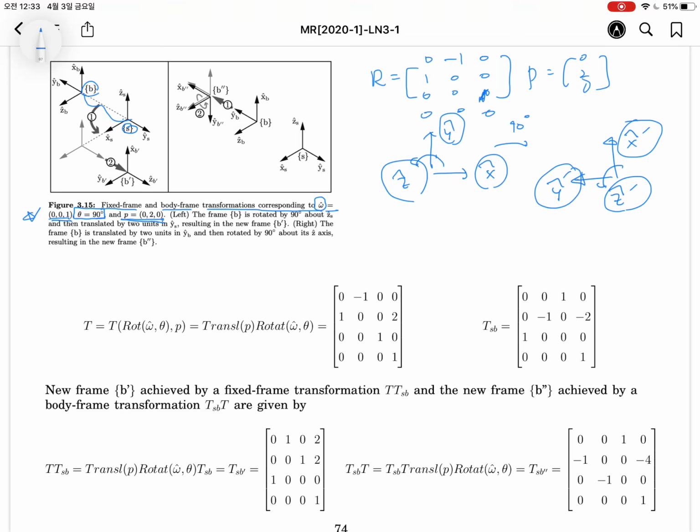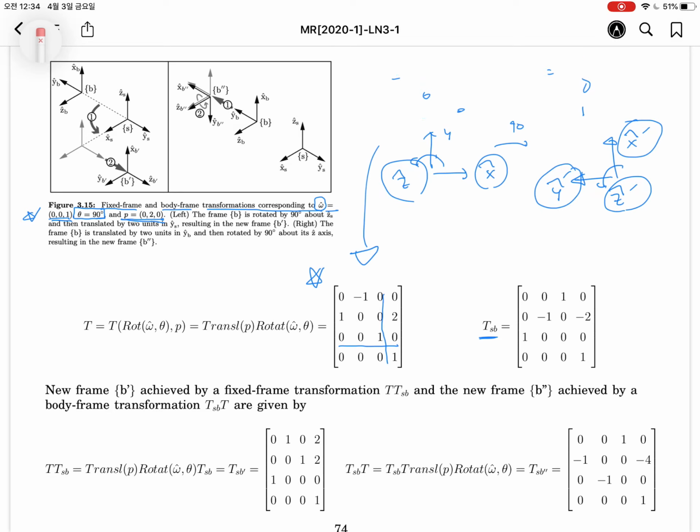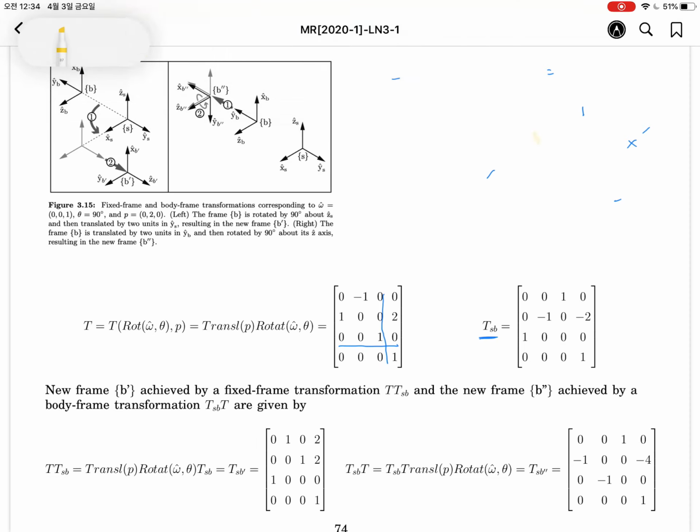Okay, let's read the TSB. The B frame x-axis can be read using the minus y frame, so 0, 0, 1.